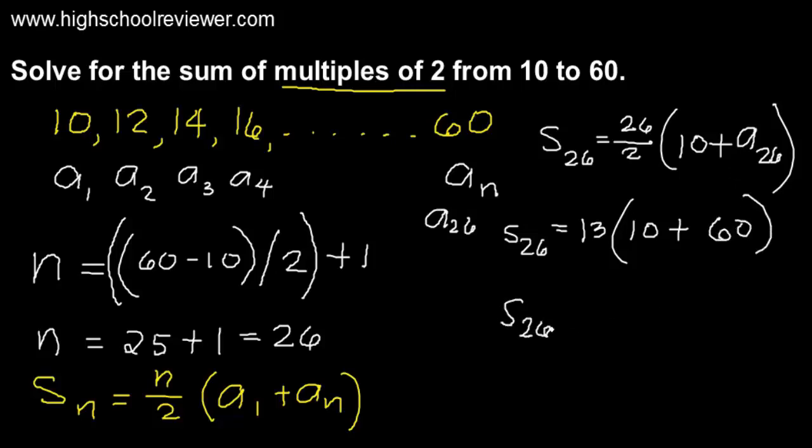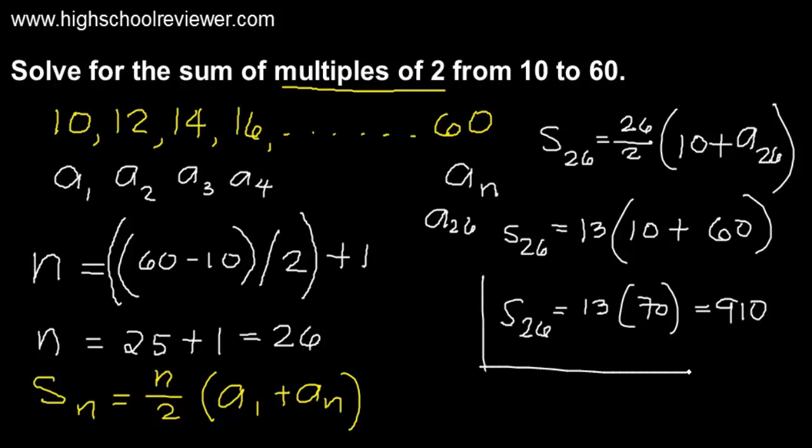Therefore, S sub 26 will be equal to 13 multiplied by positive 70. This is 910. So the sum of all terms for our given problem is positive 910, and this is our final answer.